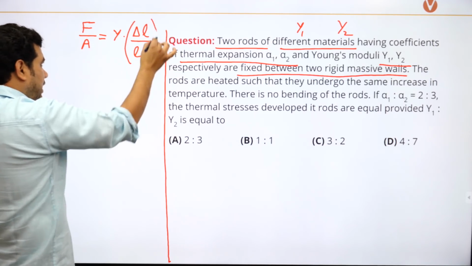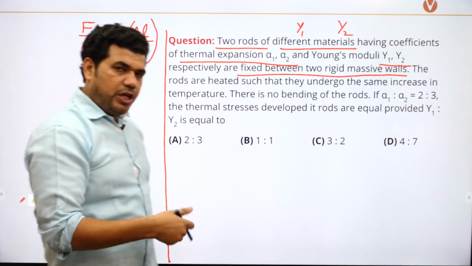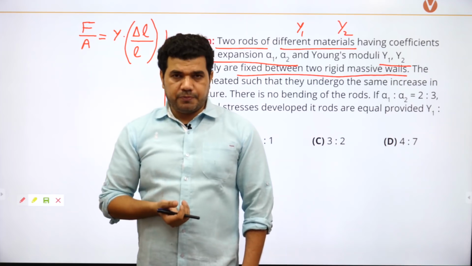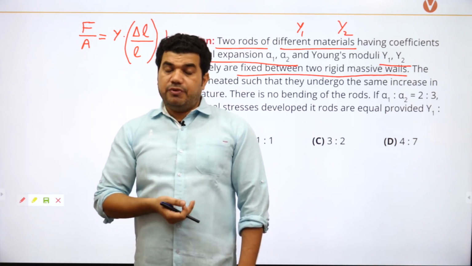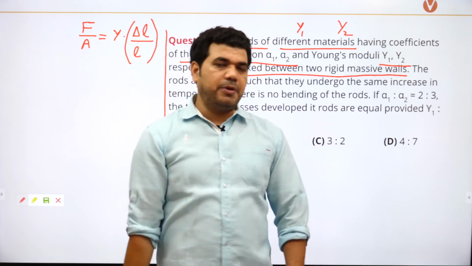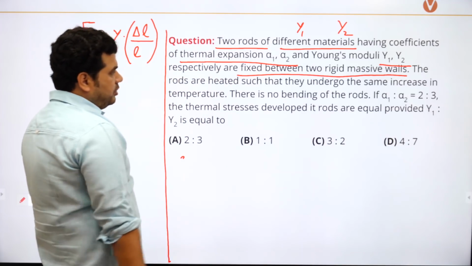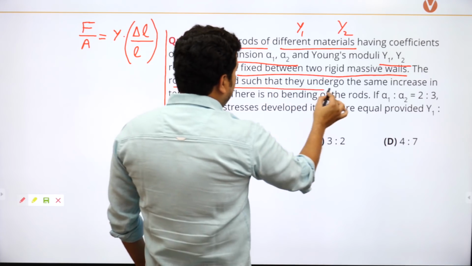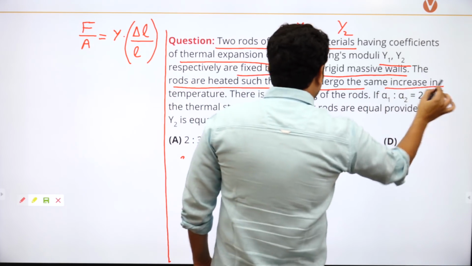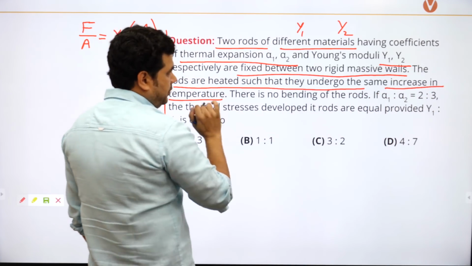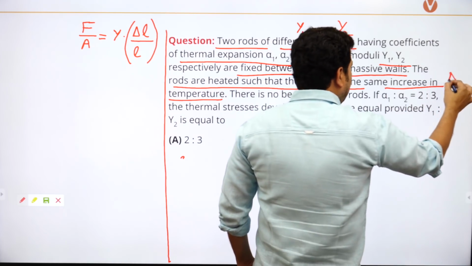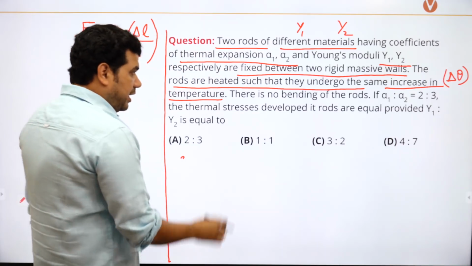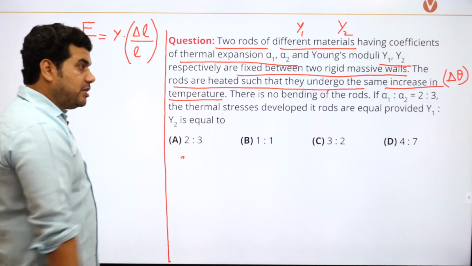But this delta L by L is change in length upon original length, that is known as strain. And why will this strain be produced? Due to change in temperature. See here, the rods are heated such that they undergo the same increase in temperature, that is delta theta. And if delta theta is there, they must increase their length.